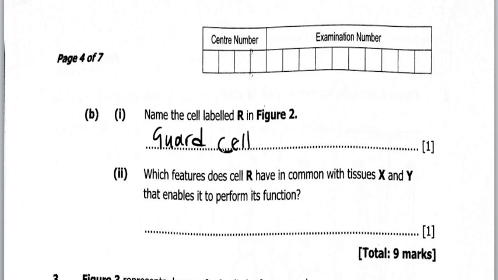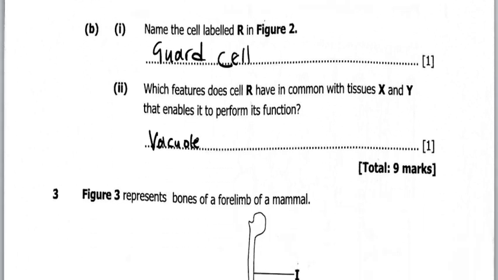The feature that they have in common is the vacuole. Both X, Y, and R have the vacuole, and this is one feature that enables it to perform its function. So the vacuole enables the guard cell to perform its function. That is the answer for that one.